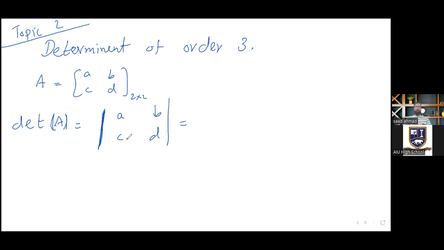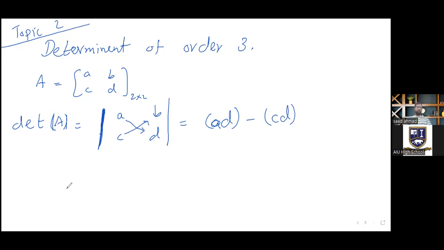The rule for the determinant of a 2 cross 2 matrix is we multiply A times D, this diagonal, and then minus the second diagonal. These are called the diagonal elements. So that's the way to find the determinant of a 2 cross 2 matrix.